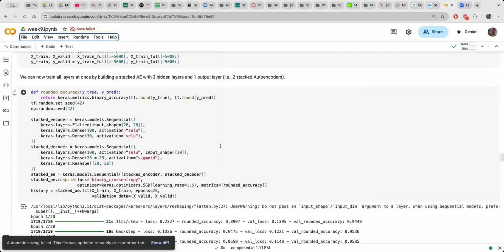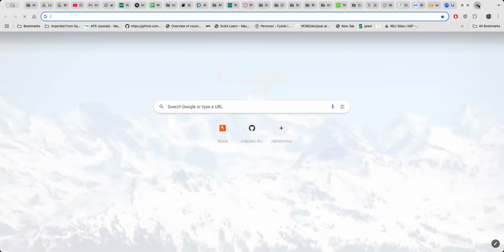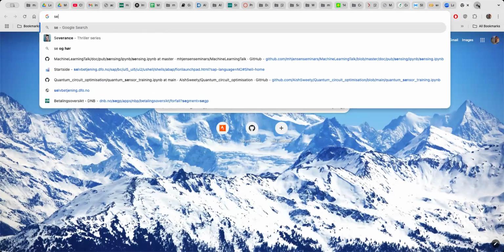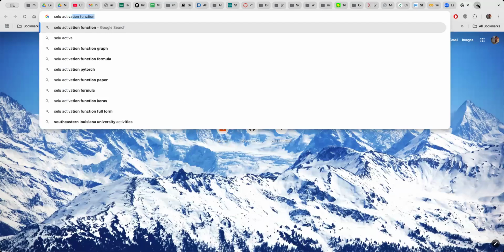In this case, what we are going to do is to set up a typical dense layer. And there is an activation function which I wanted to mention, which is called the CELU function. And I guess you're not familiar with that one. So let me just bring that up. And we will continue a little bit with this next week. So let me just mention what that is. The CELU activation function.